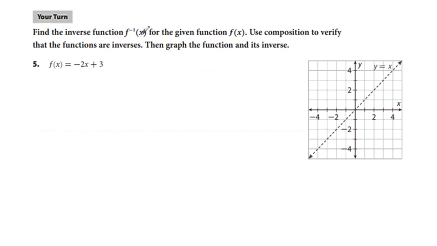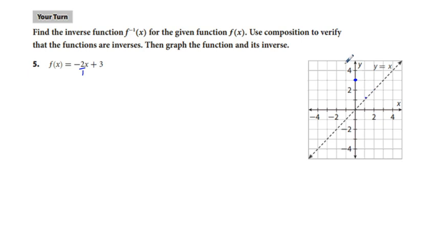Find an inverse function. Okay, I want to demonstrate this one right here. f of x equals negative 2x plus 3. So I'm going to graph this function first. Negative 2x plus 3, we have a rise over run of negative 2 over 1. So we go down 2 over 1.